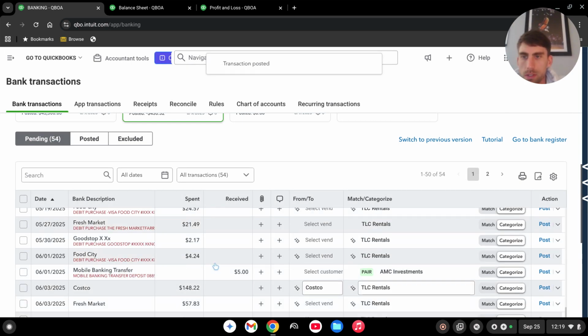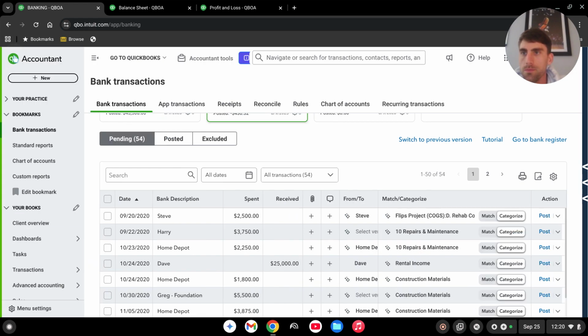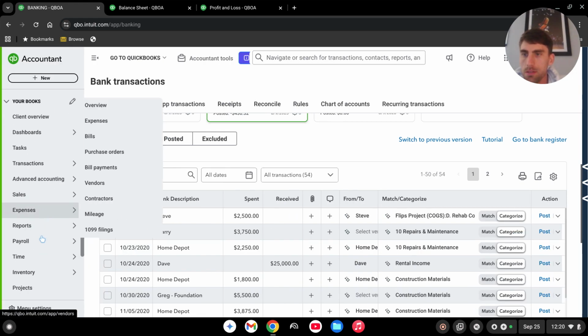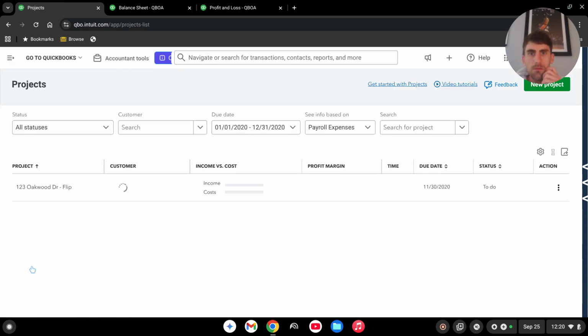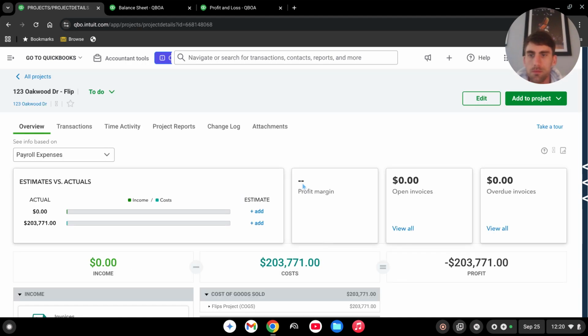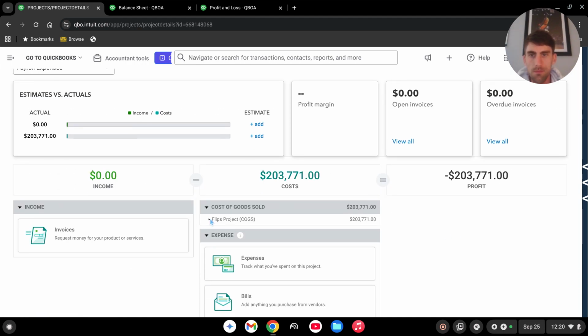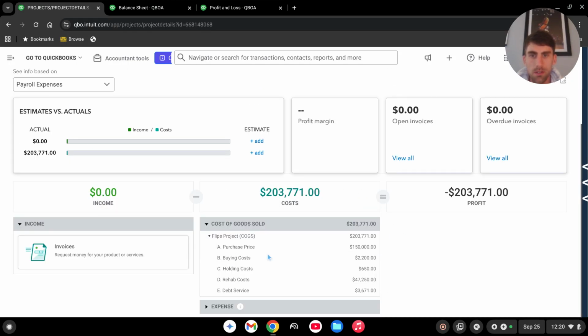Alright, so let's just see what this looks like so far. Let's go into our projects. Okay, we still have our cost of goods sold here. And you can see that the rehab costs have now gone up.